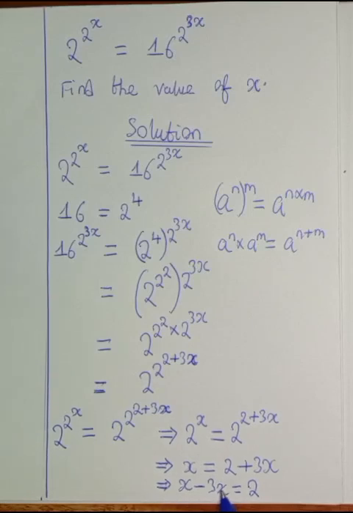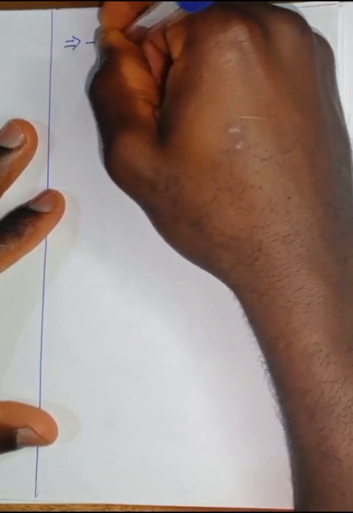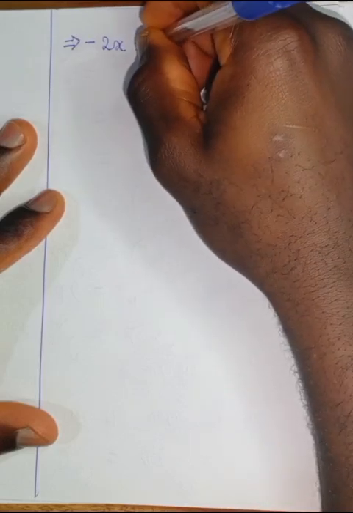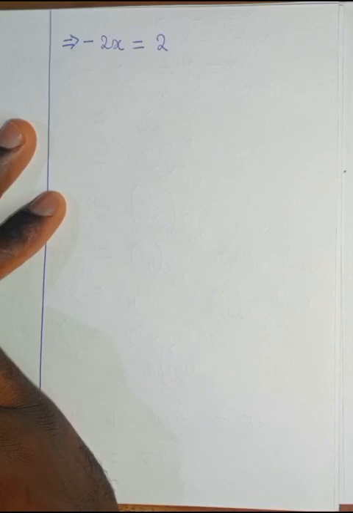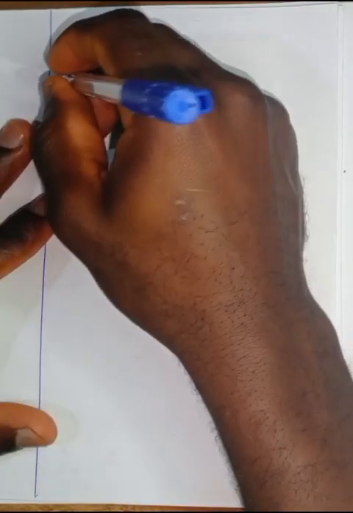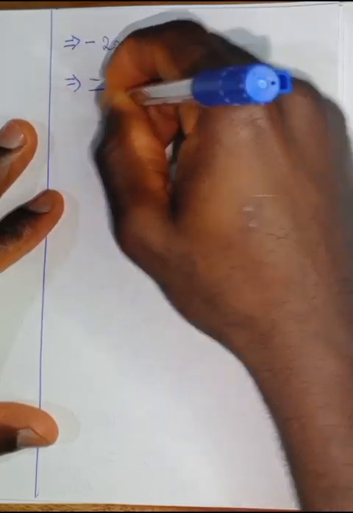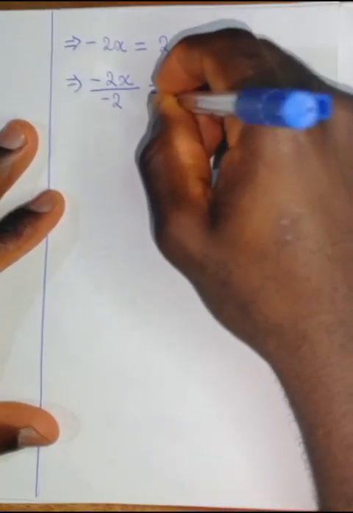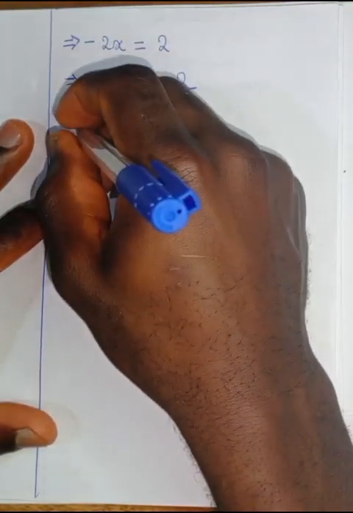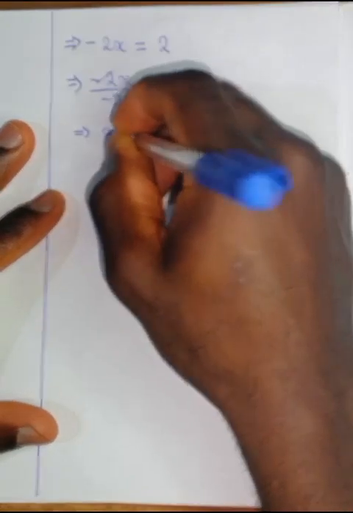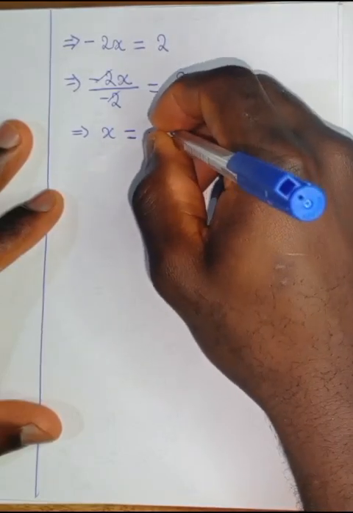It simply means negative 2x will be equal to 2. For us to get the value of x, we are going to divide both sides by the coefficient of x, which is negative 2. Then, negative 2x divided by negative 2 will be equal to 2 divided by negative 2. Negative 2 will strike off with negative 2. This will give us x to be equal to 2 divided by negative 2, which is simply equal to negative 1.